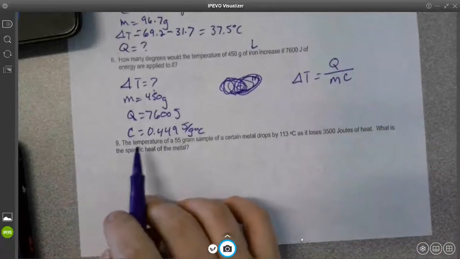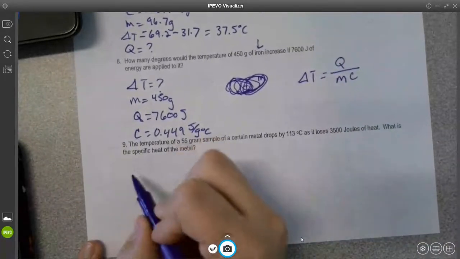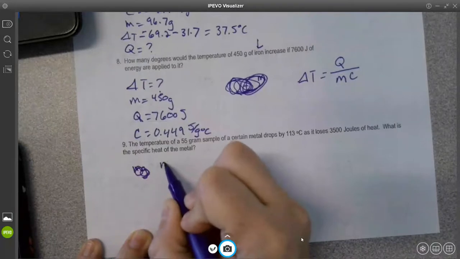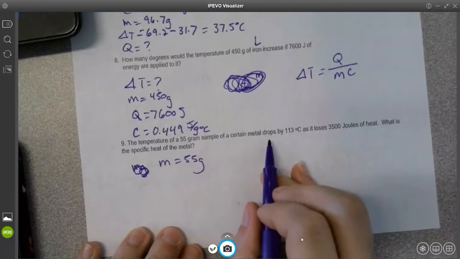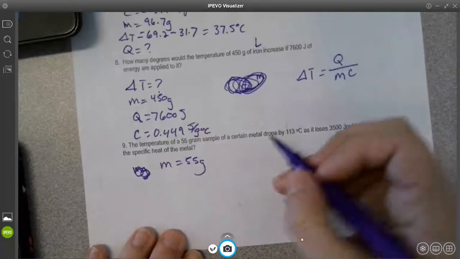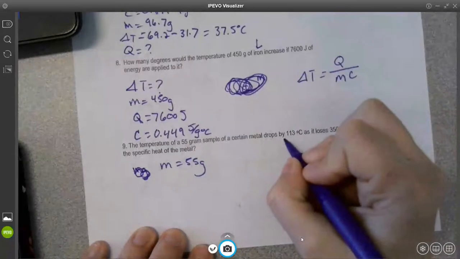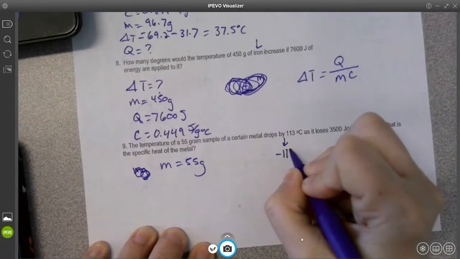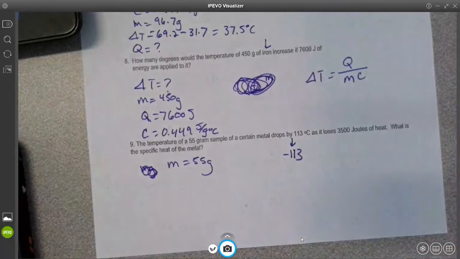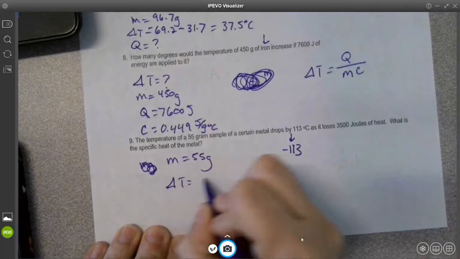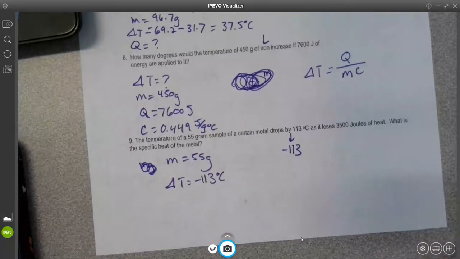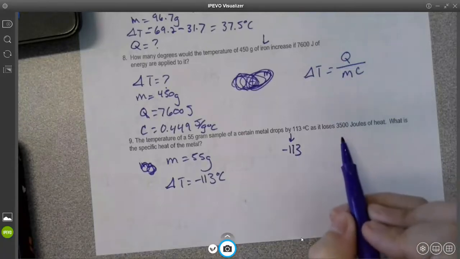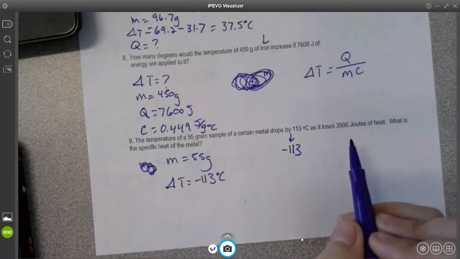Last but not least, the temperature of a 55 gram metal, so they gave you the mass right there, drops by 113. So they're telling you that it's dropping, it's not increasing. We know that it's going to be negative 113 because that is a change going down. So delta T equals negative 113 degrees Celsius, as it loses 3,500 joules of heat.